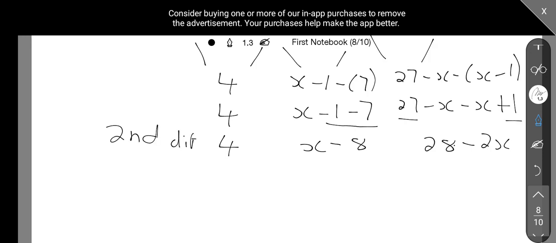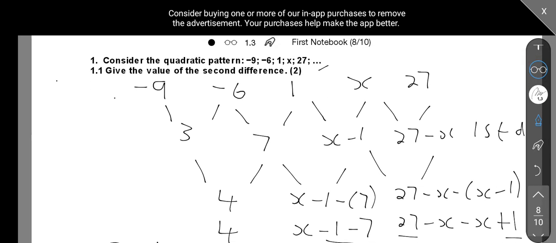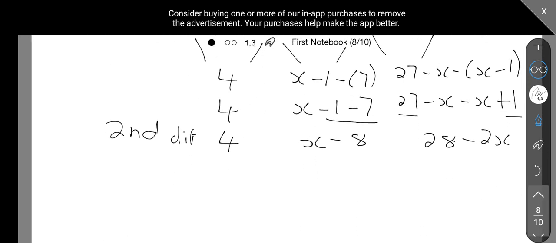Now let's see, what did our question say? The question said give the value of the second difference. When they say the value, it means they want the constant, something that doesn't have a letter. A value is a number, 1, 2, 3, a number that doesn't have a letter. As long as you are talking about 2x, they no longer want that as a value. It's an expression now, if it has a variable.